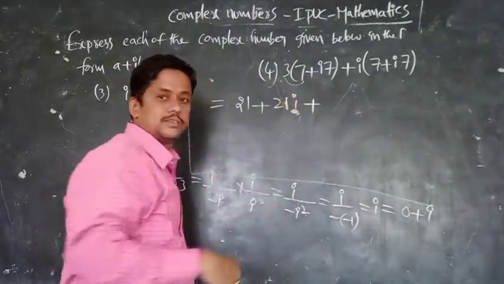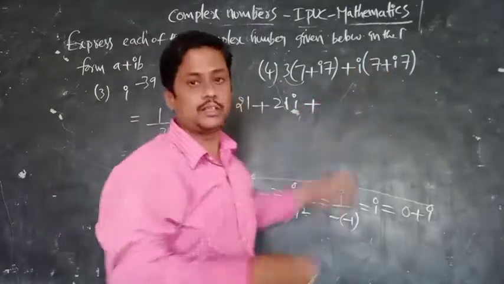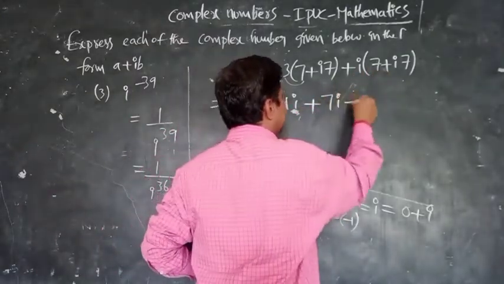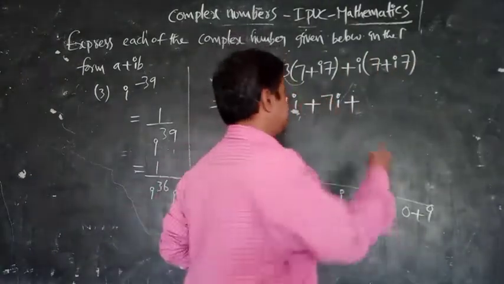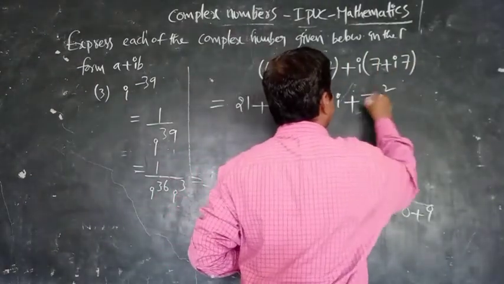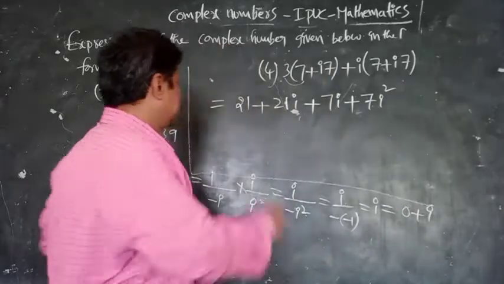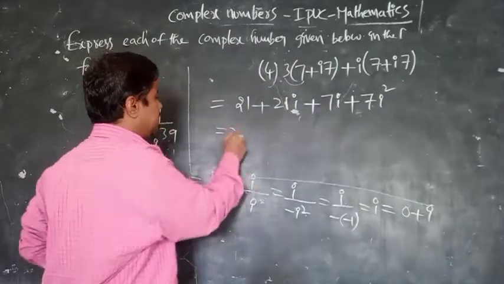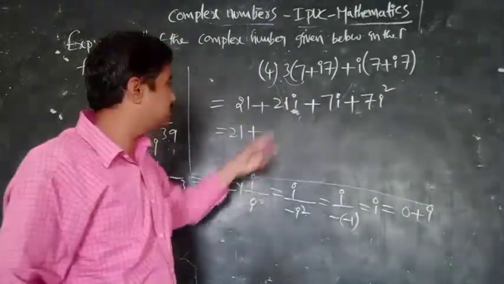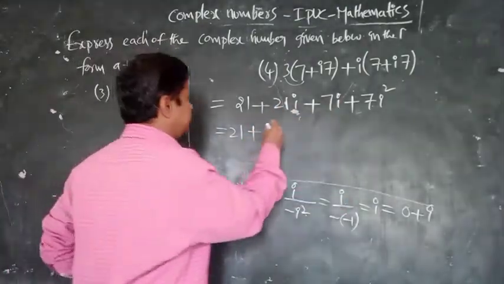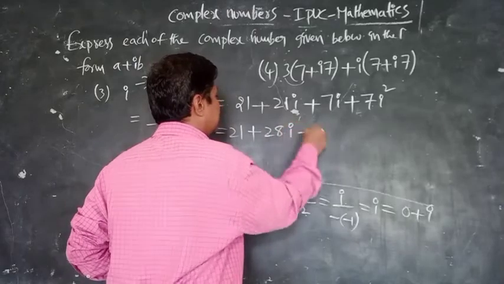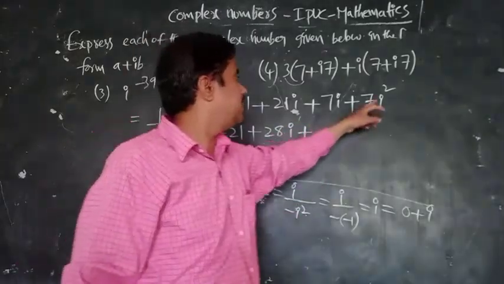Plus i into 7 is 7i. Plus i into i7 is 7i square. So it equals 21 plus 21i plus 7i, which is 28i, plus 7 into i square.